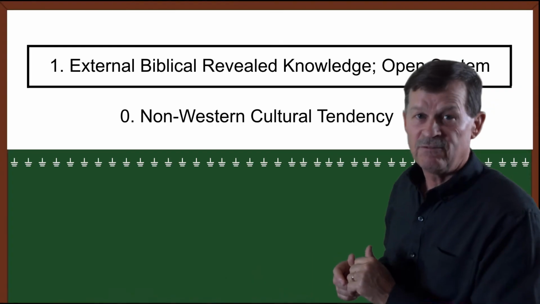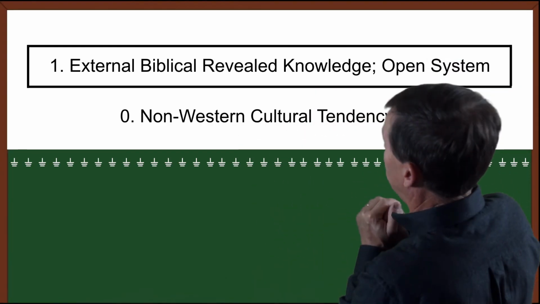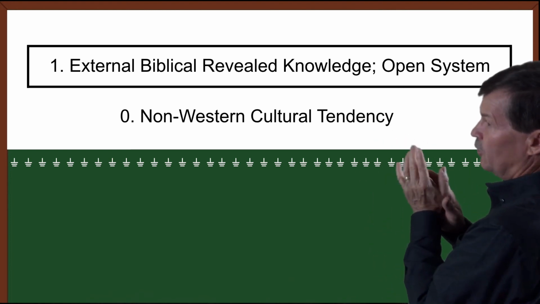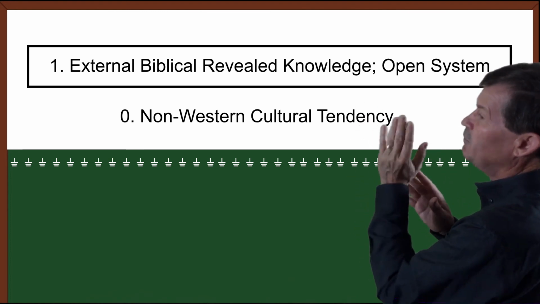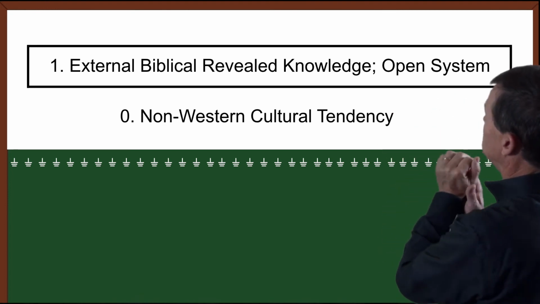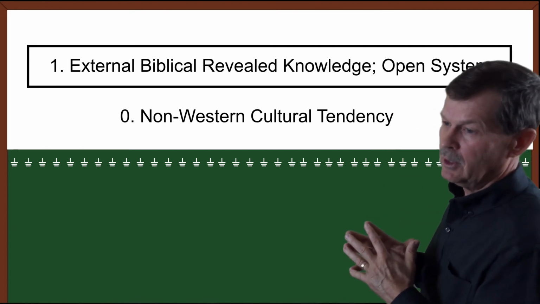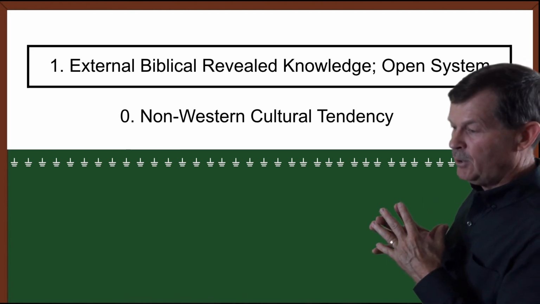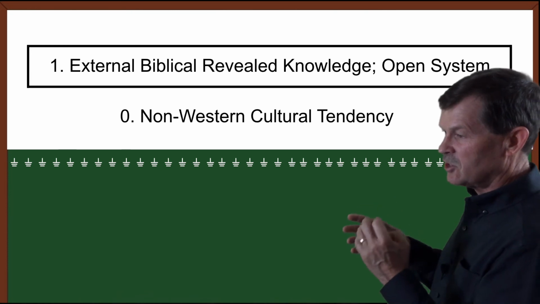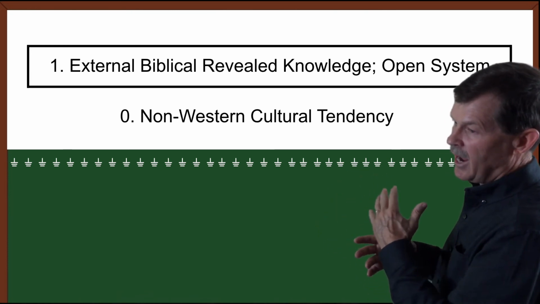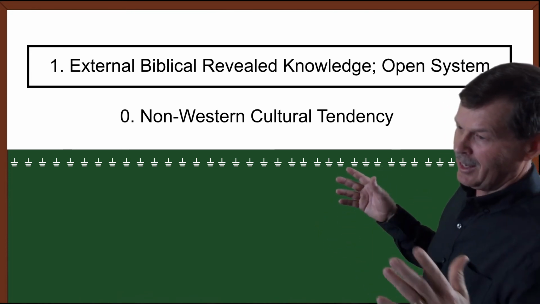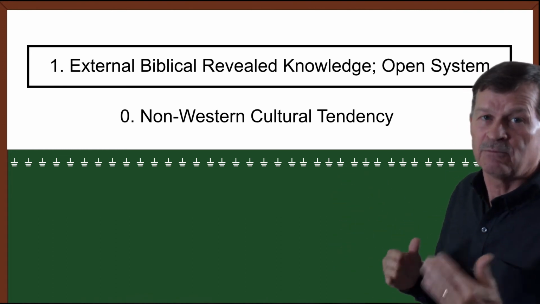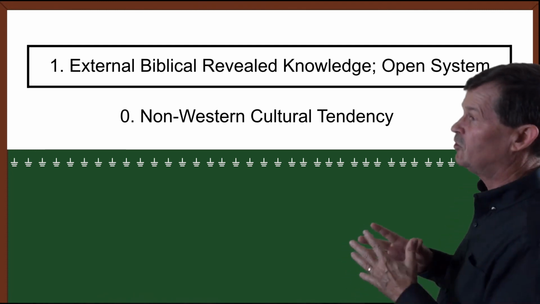So we're putting together the foundation of the house. So the foundation is external authority, it's biblical revealed knowledge in an open system. To have revealed knowledge, you have to have an open system. If there are people that insist on a closed system, then as a result, obvious result, you cannot have revealed knowledge in a closed system.